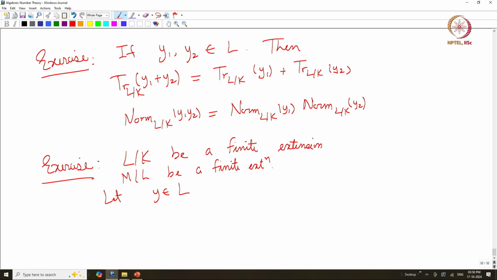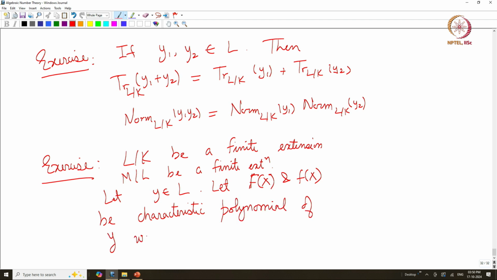So, you can now define the characteristic polynomial of Y with respect to the extension M over K or with respect to the extension L over K. So, let capital F of x and small f of x be the characteristic polynomials of y with respect to the extensions M over K and L over K respectively.